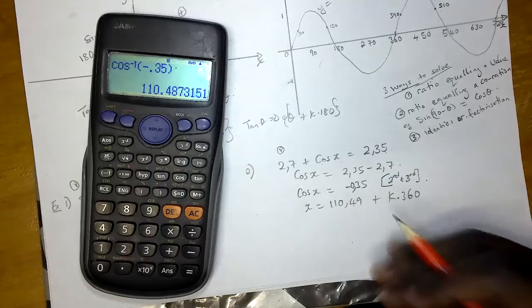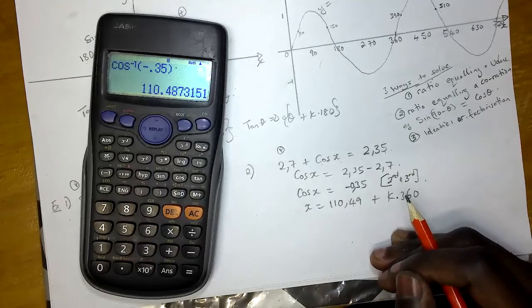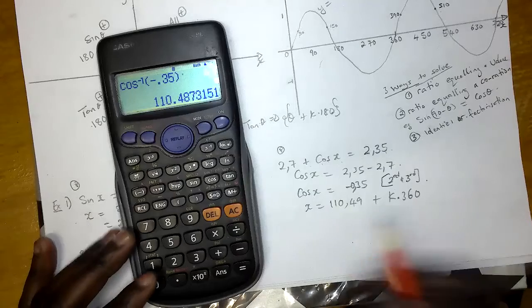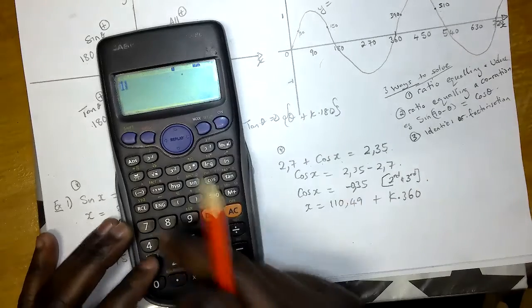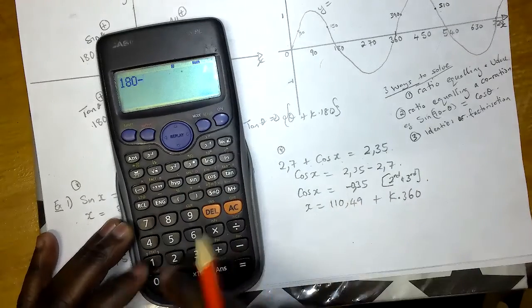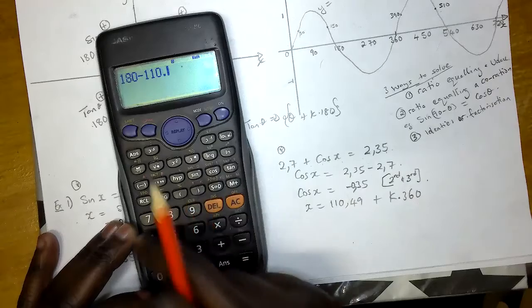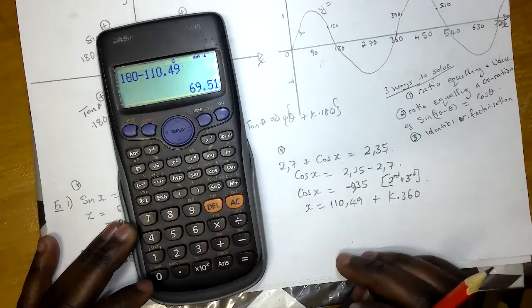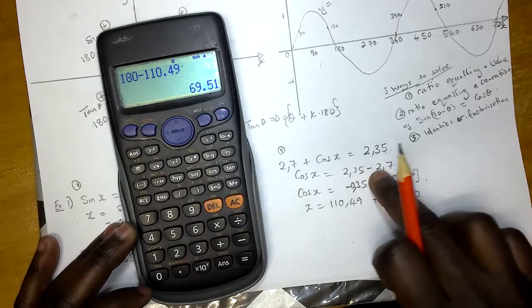This is the first angle, this is the second, in the second quadrant. How do we get now the angle in the third quadrant? To get the acute angle here, we say 180 minus 110,49, we just get the acute angle here. This is the acute angle that we are supposed to get if it was positive here.